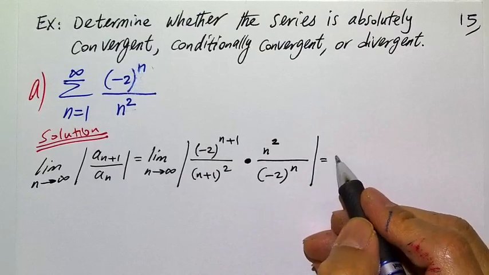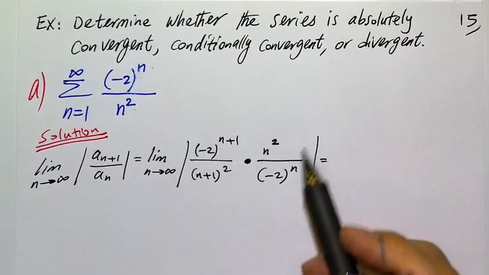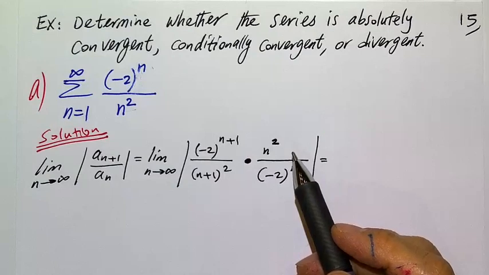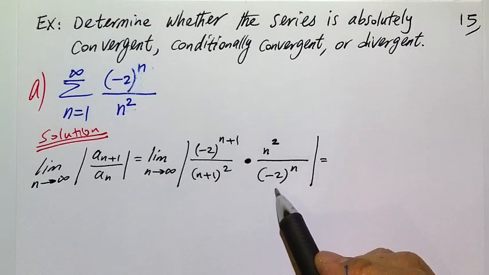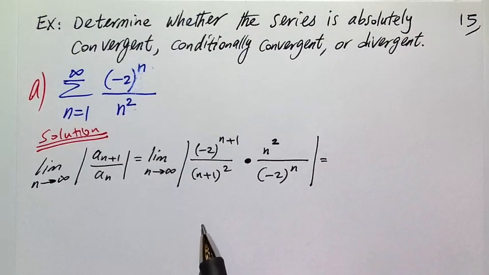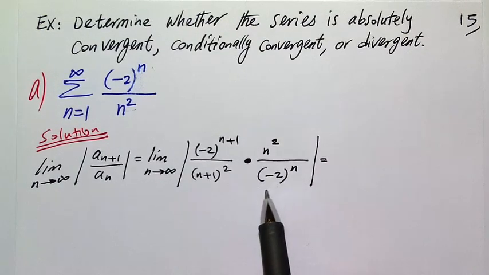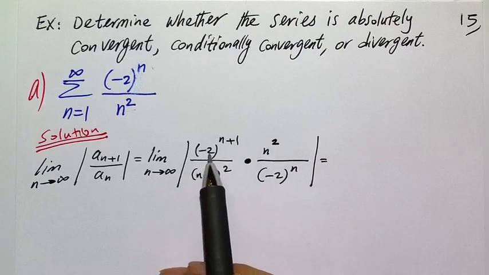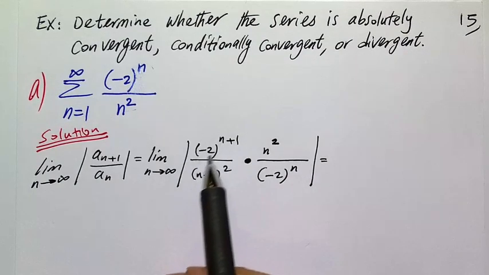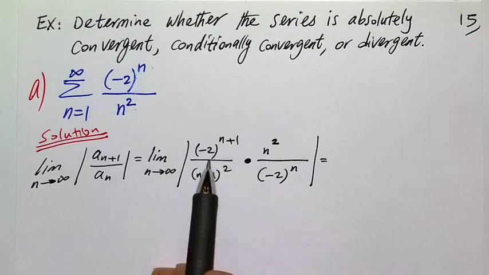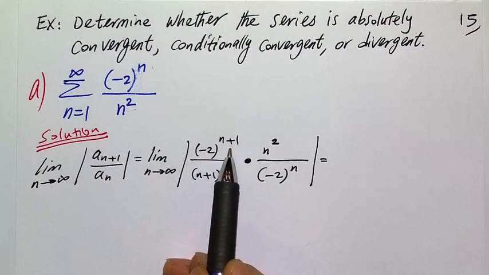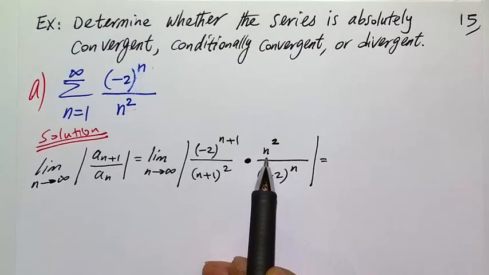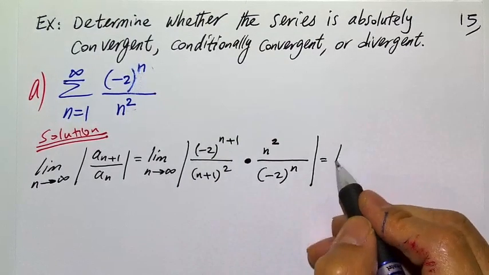And then what do we have? Is there anything we can do to simplify this? Yes, we can. So notice that minus 2 to the n power and minus 2 to the n power simplify, right? So we are left with minus 2 to the first power, which is minus 2, times n squared.